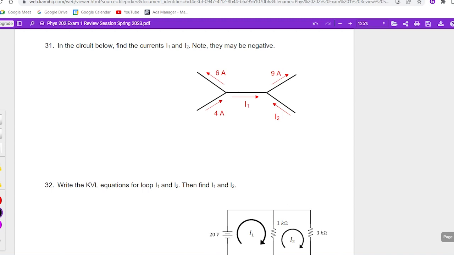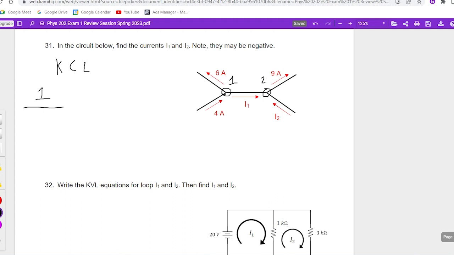But the first thing I want to say is this is when you use KCL, when you have a problem just like this. And that's because you have two junctions you're going to look at, the first one there and the second one there. So I'll label them. I'll call this one junction 1, this one's junction 2. And so for the first one, I say I in equals I out. Which one's pointing in?